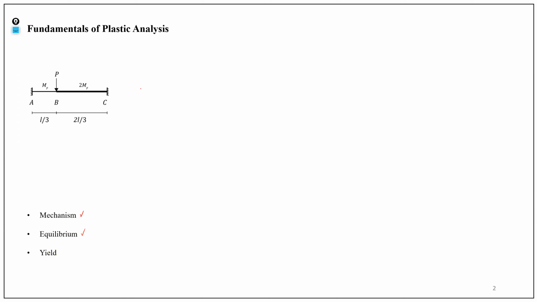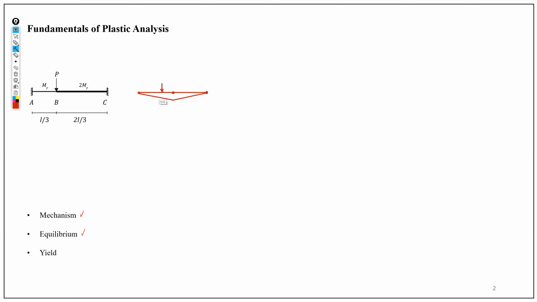Here, let's assume one mechanism. It might be obvious for you, but let's assume that the mechanism is something like this. We have one plastic hinge here, one plastic hinge at the center, one plastic hinge here. Based on the compatibility equation, the deformation will be something like this.